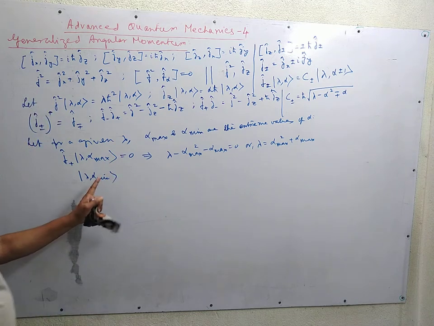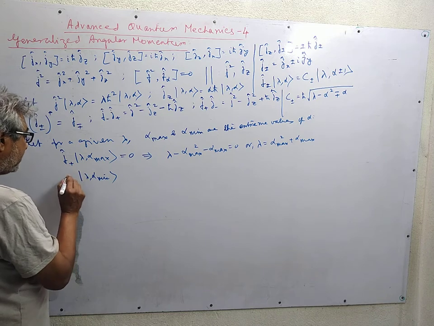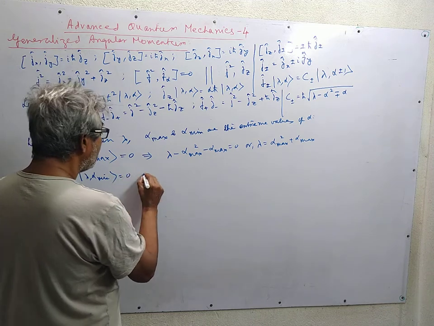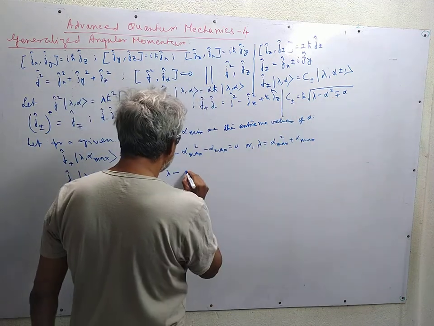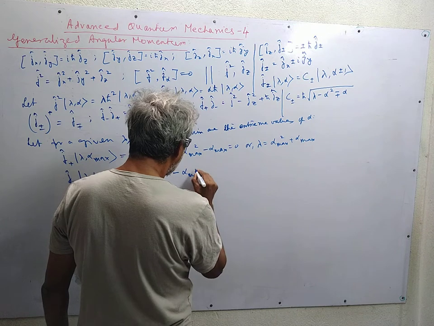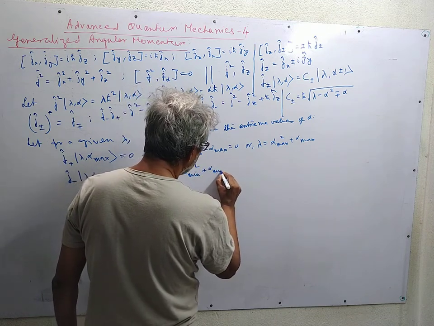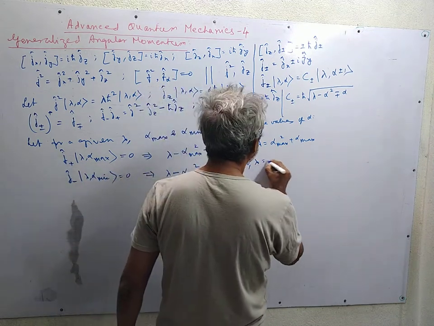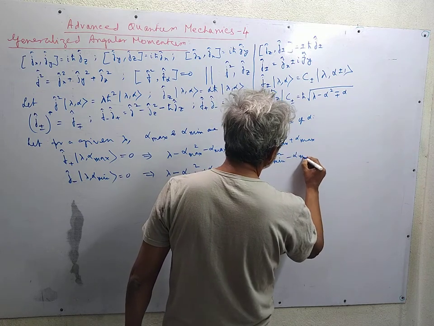This is the lowest value of alpha. If we operate this by J minus, we get again a null ket, which gives lambda minus alpha min square plus alpha min is equal to 0, or lambda is equal to alpha min square minus alpha min.